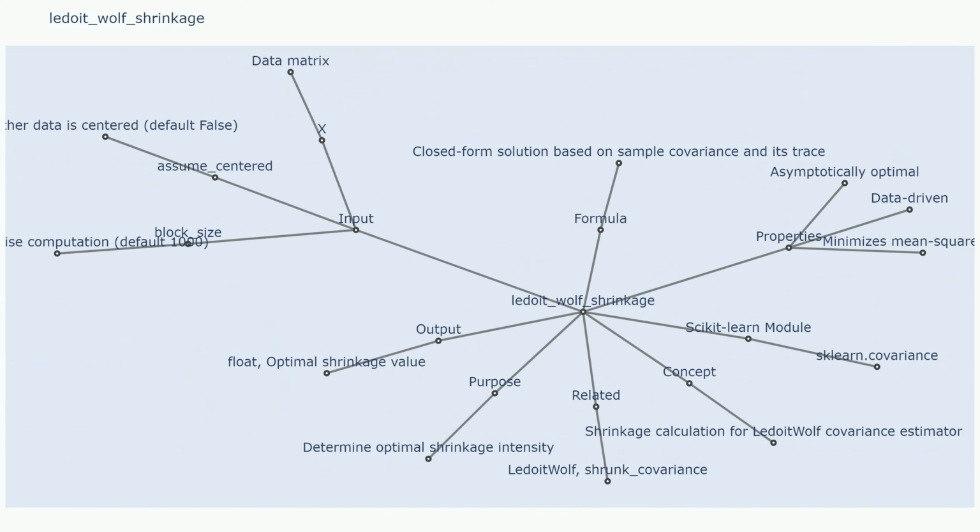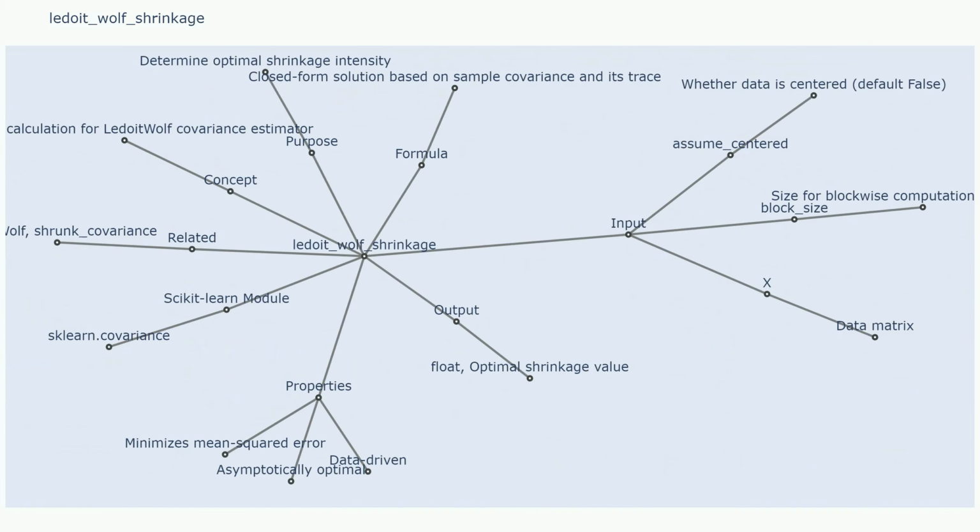N_samples. Description: number of samples to be used in the computation of the shrinkage coefficient. Type: integer. Default: none. N_features. Description: number of features to be used in the computation of the shrinkage coefficient. Type: integer. Default: none. Max_iter.